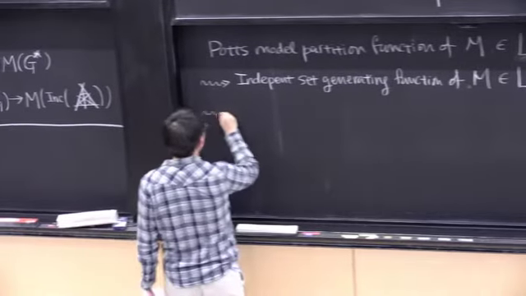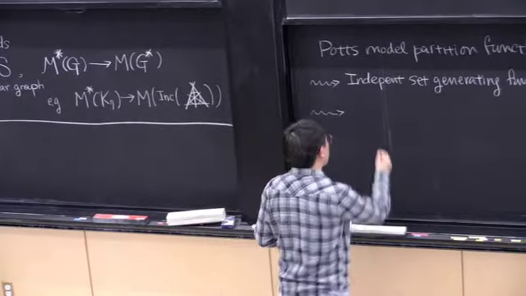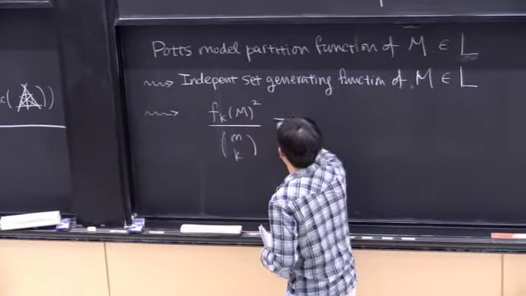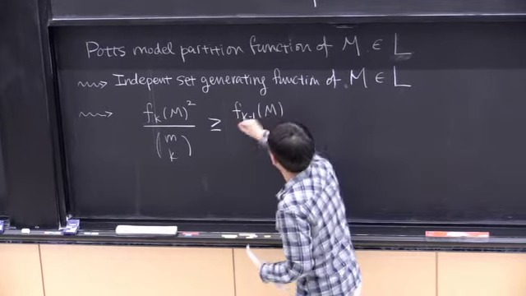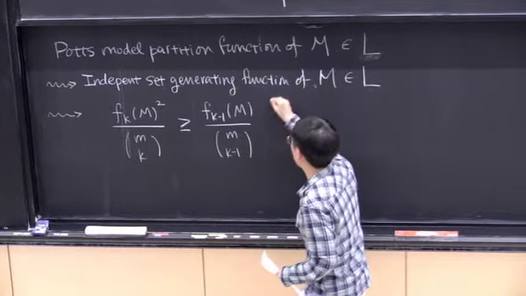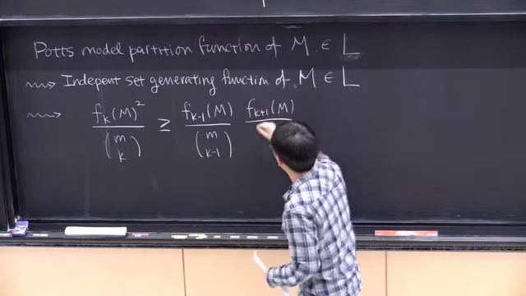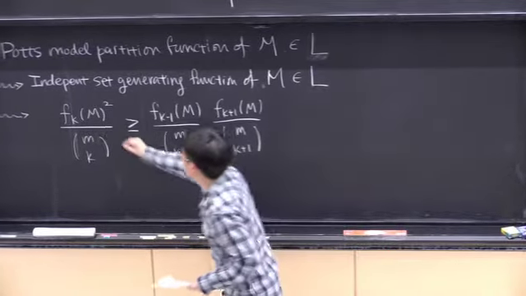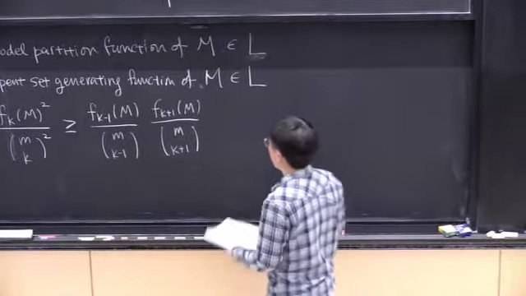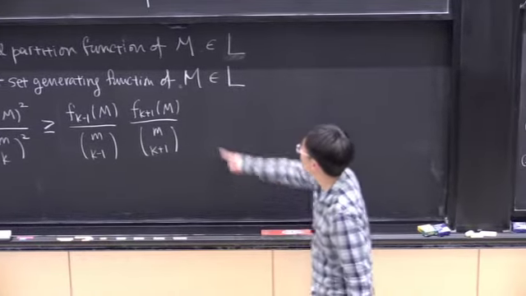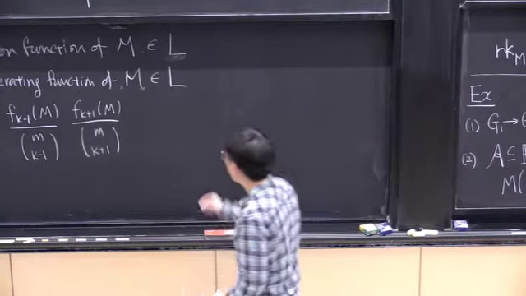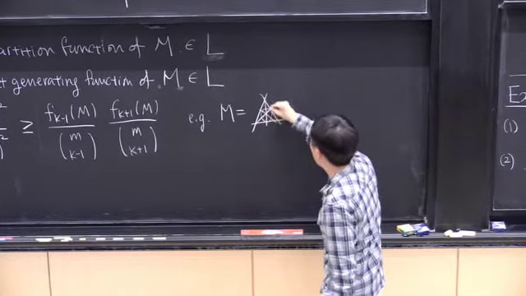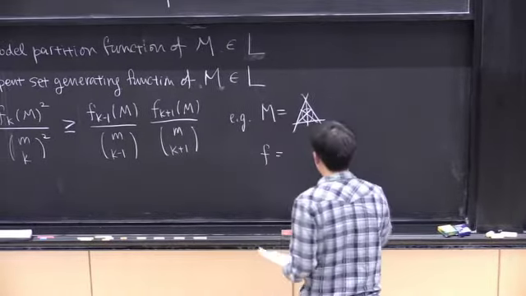And from that, we have derived purely enumerative inequalities like this, where f_k(M) counts the number of k-element independent sets of M. So for example, when M is our favorite Fano plane, then let's see.